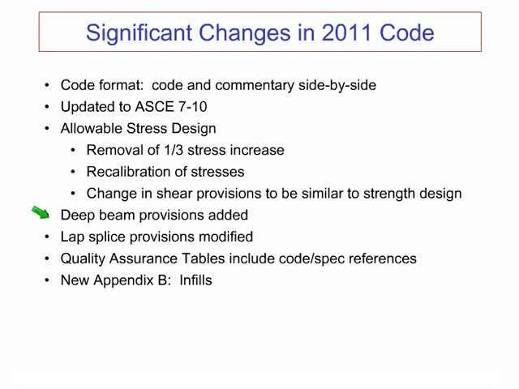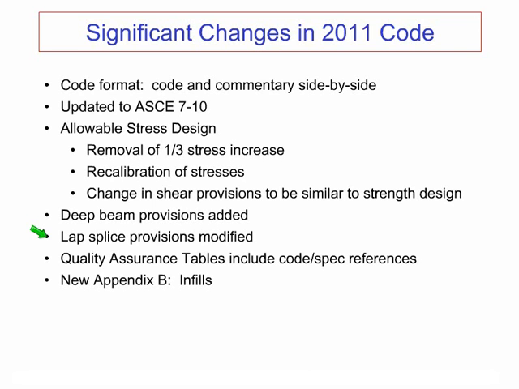We will not have time to cover these today, but we did add some deep beam provisions. So beams whose length is less than twice the height that meet deep beam requirements, and there's some special provisions we've added into the code on that. We have modified the lap splice provisions.